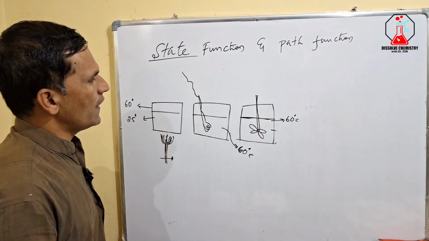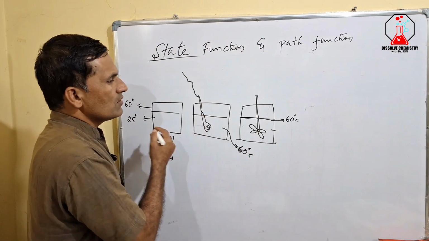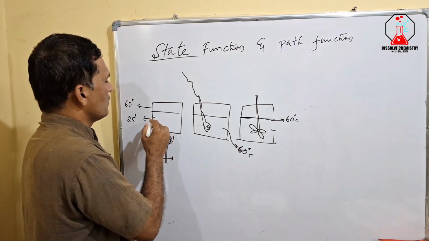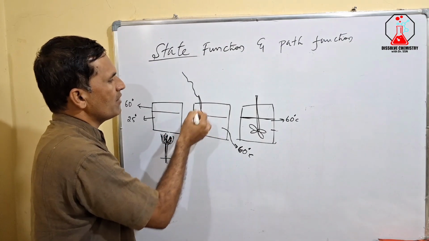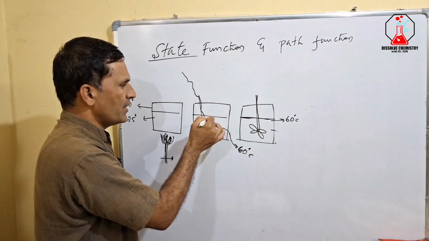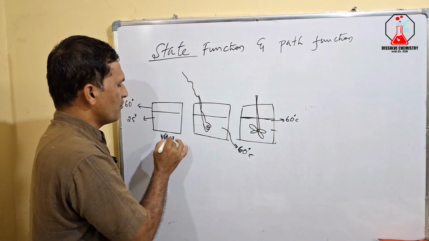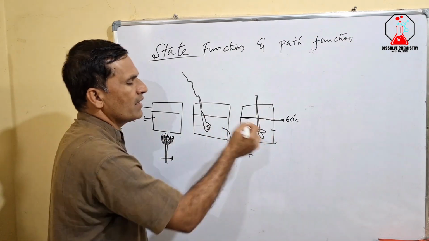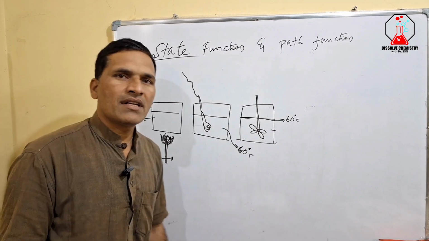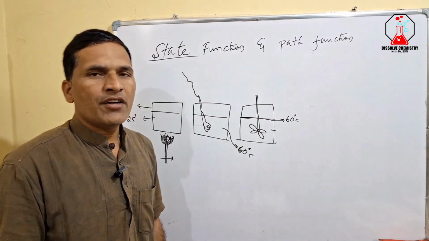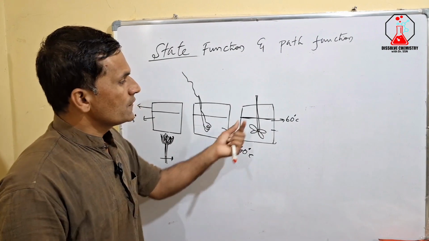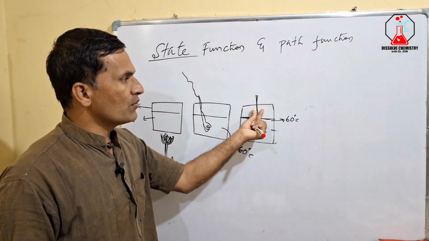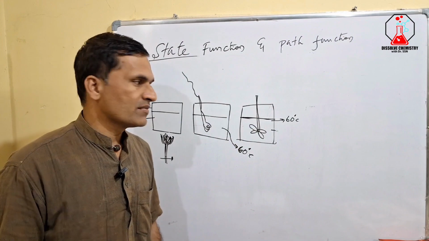Another aspect we will see: in heating by immersing a heater, keeping it on an open flame, and churning with the stirrer, where do you find the maximum work has to be done on the system?